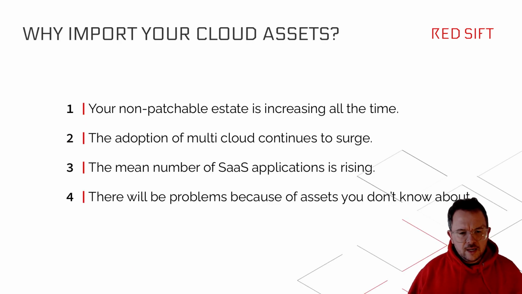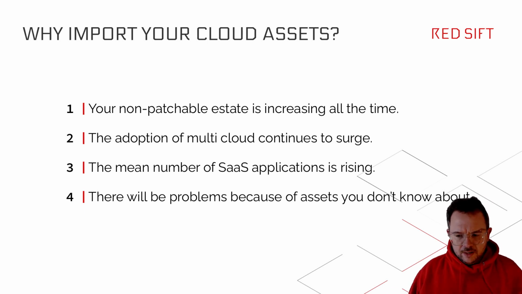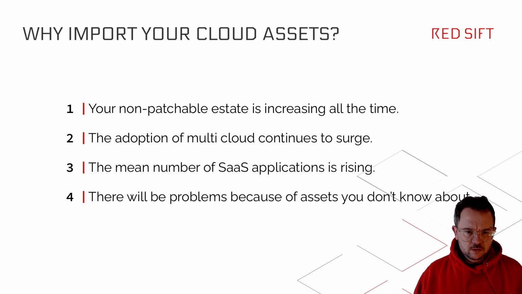Why do they care about that? Why did our customers ask for this? Simply put, the rise of cloud adoption means that there's more assets than there ever was before. Your non-patchable estate now is increasing constantly and all the time. You're using more than one cloud provider. The vast majority of customers we work with are at least using two cloud providers, sometimes three, and sometimes more.